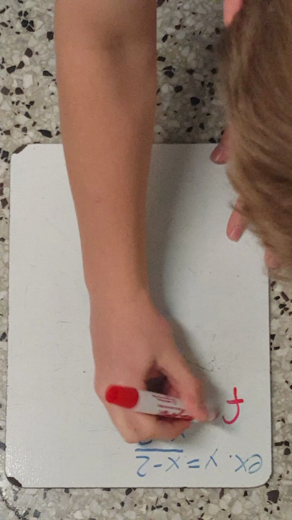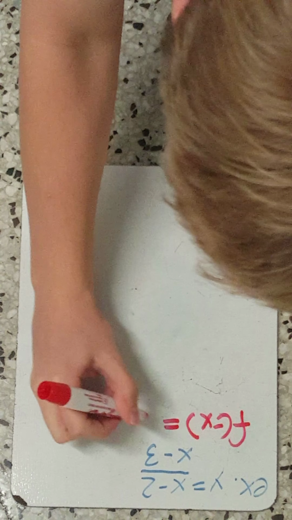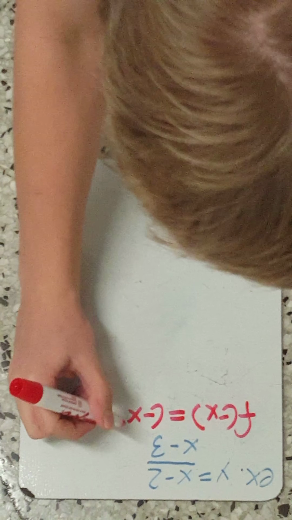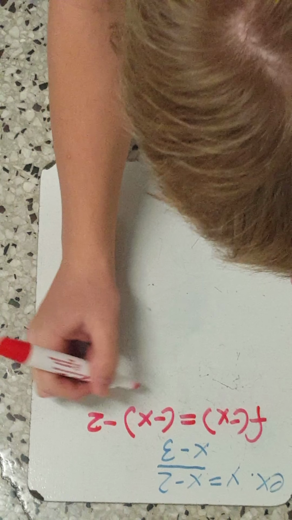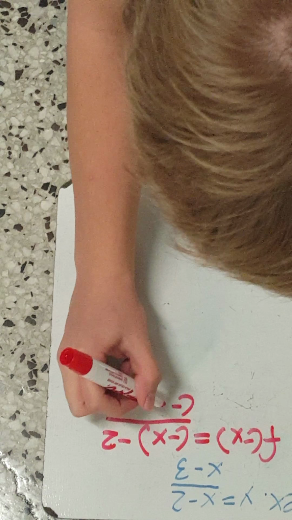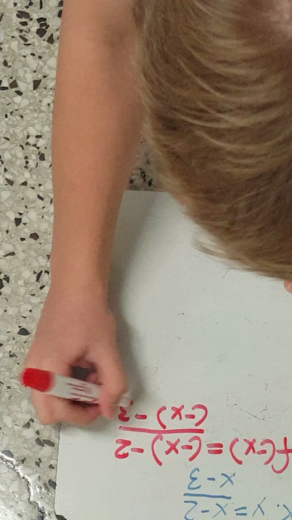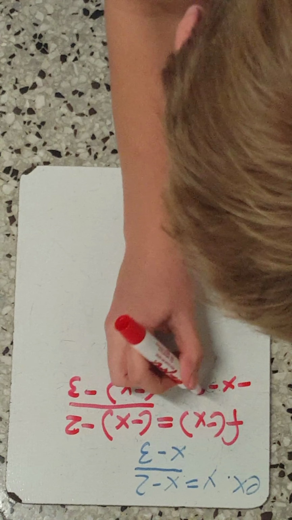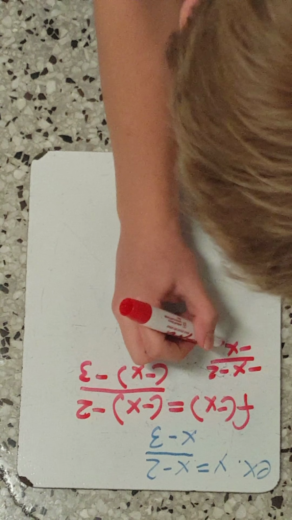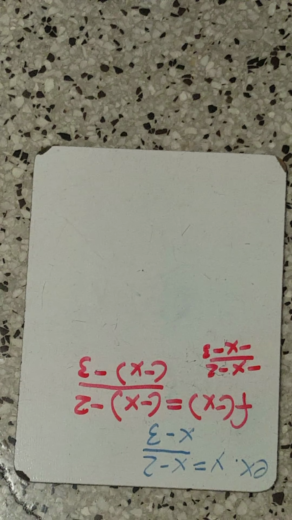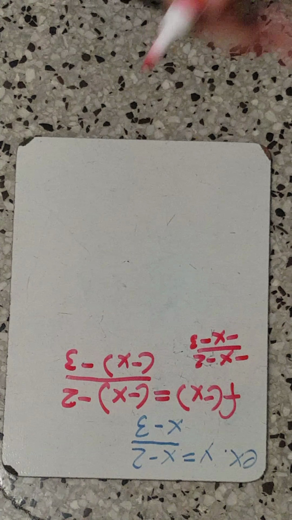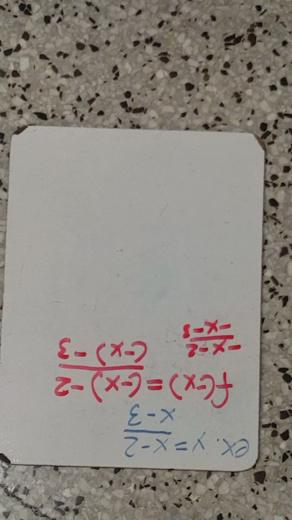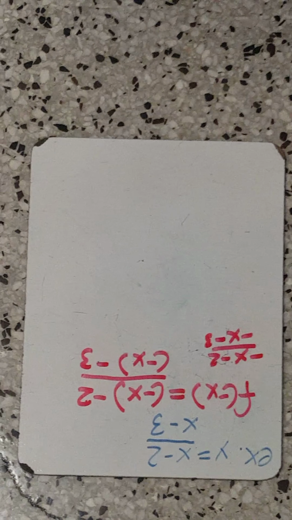So you do f of negative x equals, you make this x negative, so it'd be negative x minus 2 over negative x minus 3. And this is not the same as your original problem, so you would have a y-axis symmetry, because it would be different.